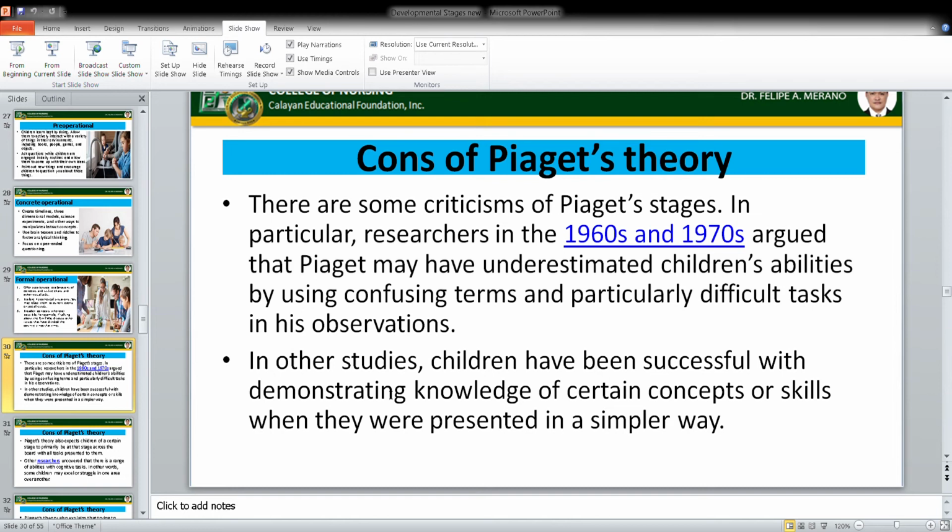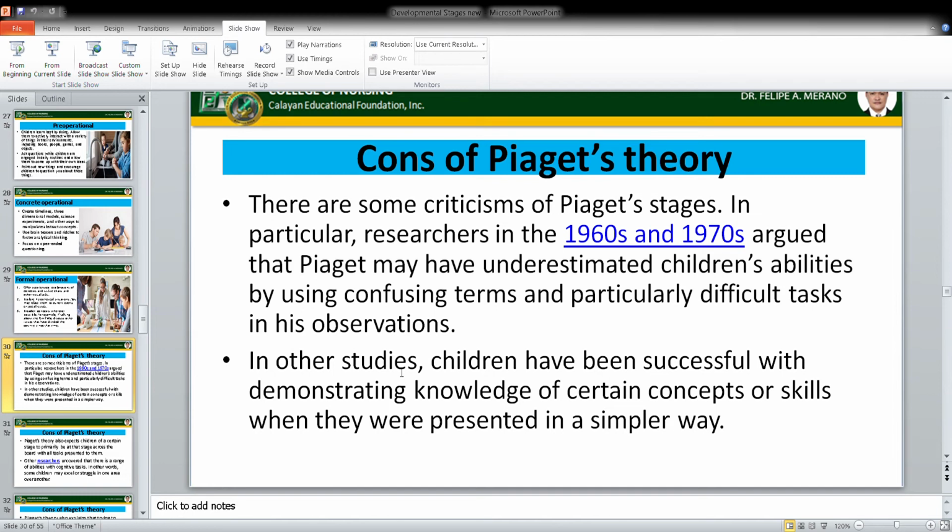In the cons of Piaget's theory, the cons are the disadvantages. There are some criticisms of Piaget's stages. In particular, researchers in the 1960s and 1970s argued that Piaget may have underestimated children's abilities by using confusing terms and particularly difficult tasks in his observation.